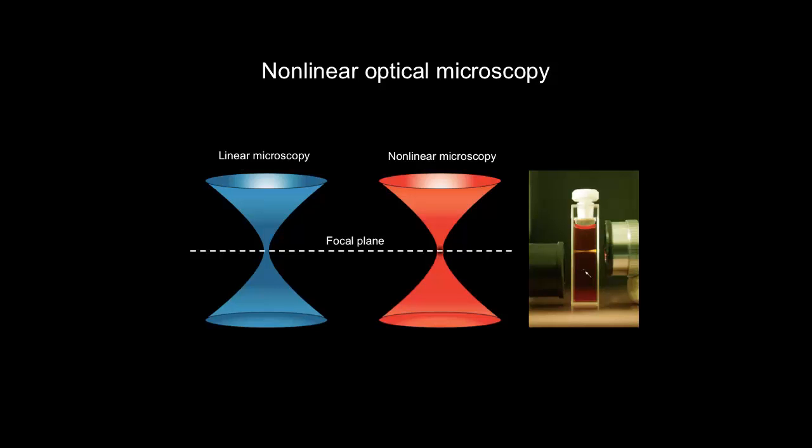And that's because of the nonlinear dependence with the intensity. The fluorescence that's generated over here depends linearly on the intensity.